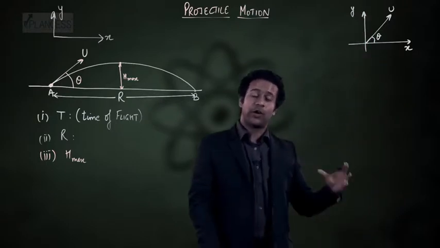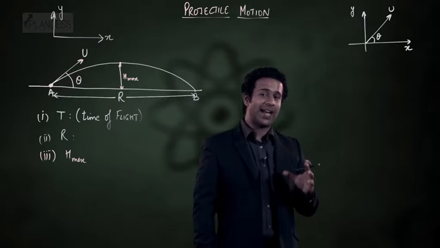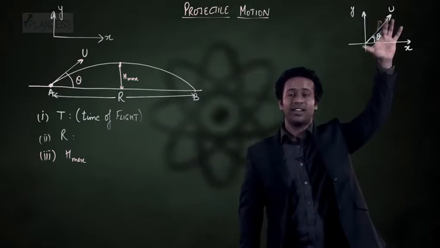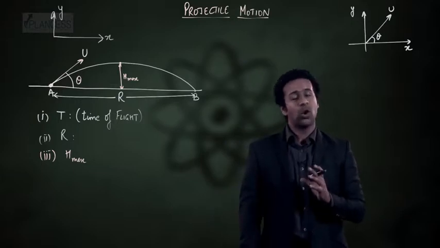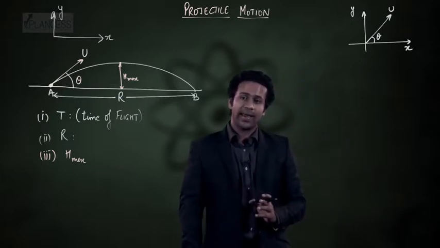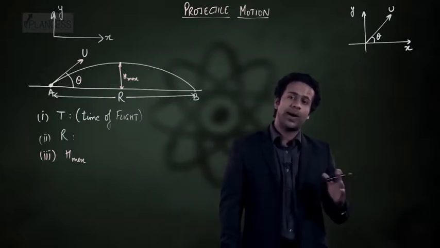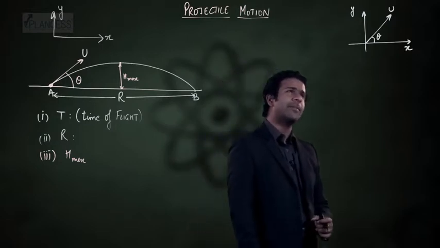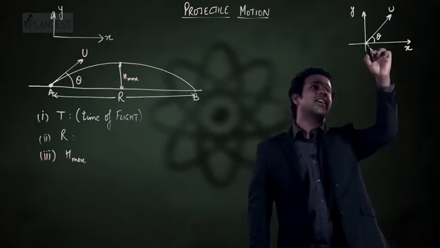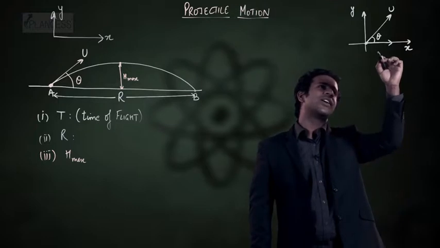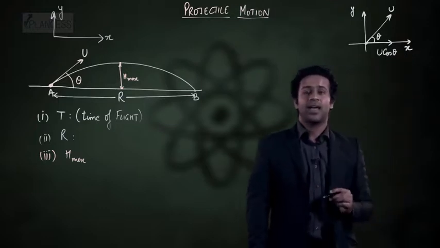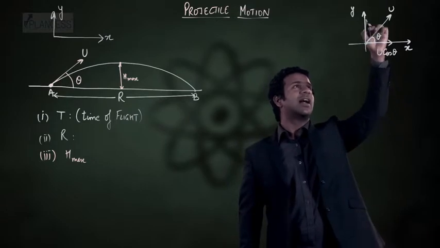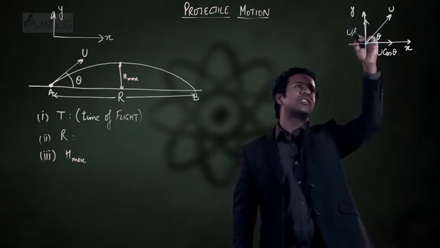So, if you recall our discussion from vectors, we had seen that a single vector which points somewhere in the middle can be broken down into two components, one purely along x, the other purely along y. And if you remember the expressions, then this component along x we found had a magnitude u cos theta, and the one along the vertical had the magnitude u sin theta.